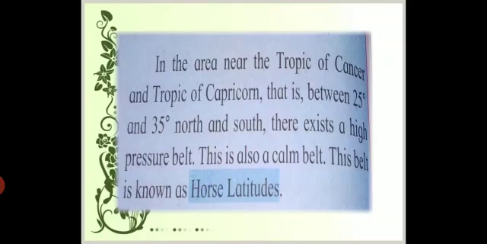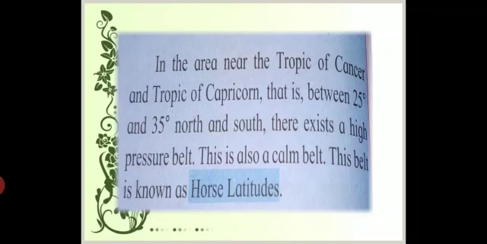And in the areas near the Tropic of Cancer and Tropic of Capricorn, that is between 25 degrees and 35 degrees north and south, there exists a high pressure belt. This is also called a calm belt.